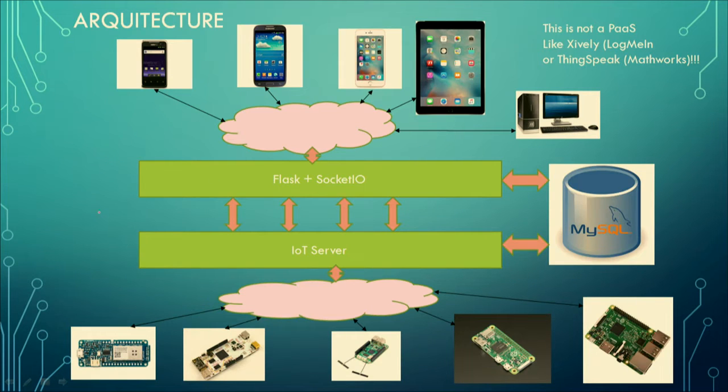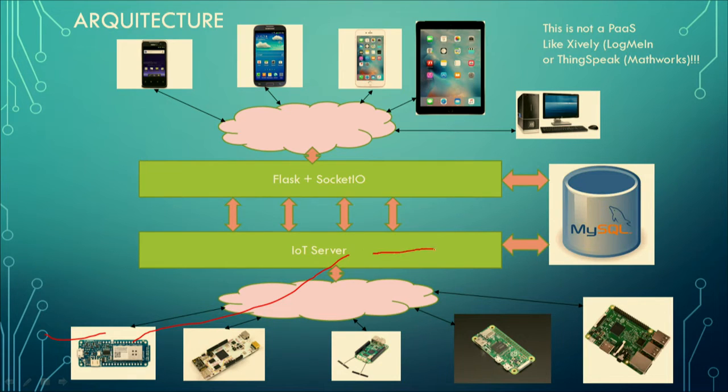This is the architecture that is actually up and running. When any of these devices is powered on, what they need to do is register themselves with the server. So they send a message to the server saying, here I am, my name is that.